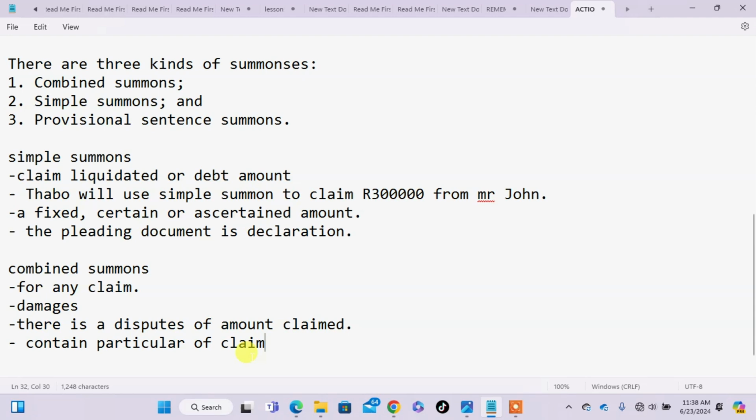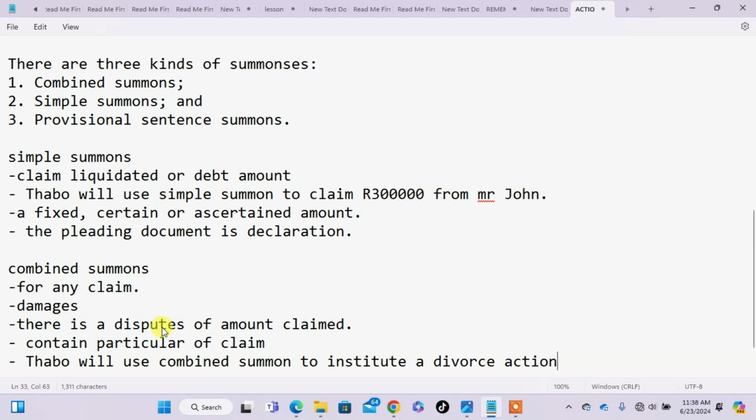Now, because in the divorce the amount is disputed, it means that Tabo will use a combined summon to institute a divorce action. I hope now it's very understandable, because there's a dispute of amount claimed.